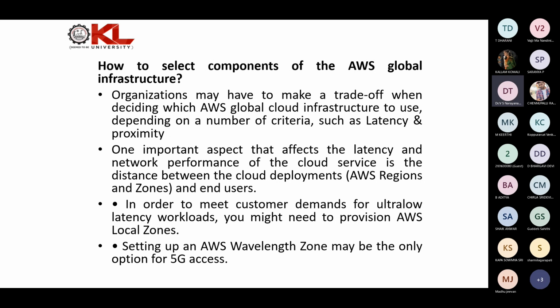One important aspect that affects the latency and network performance of the cloud service is the distance between the cloud deployment, meaning in which region or zone we are adopting. And as in the previous discussion, the end users also matter: what type of service we are going to deploy and which categories of people are going to use or consume our web service.